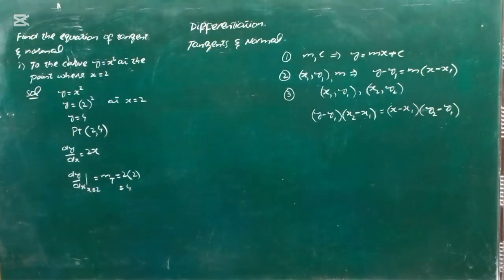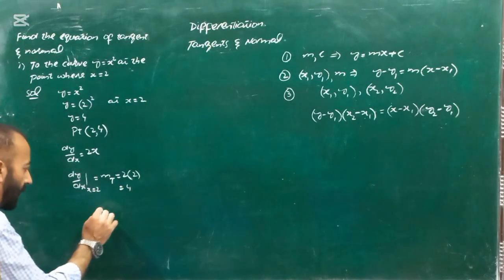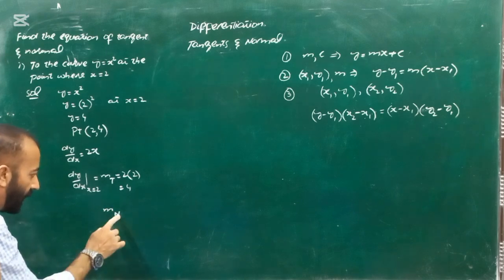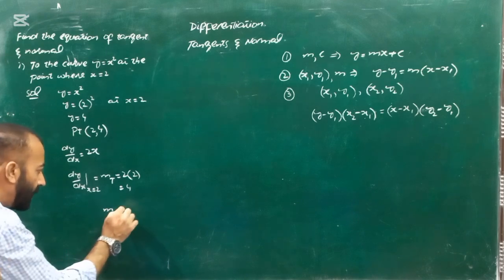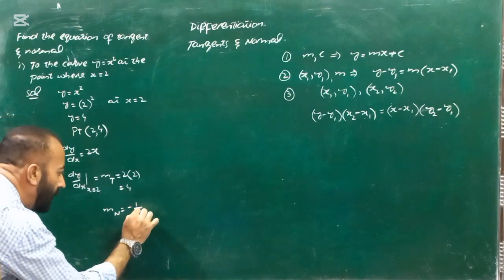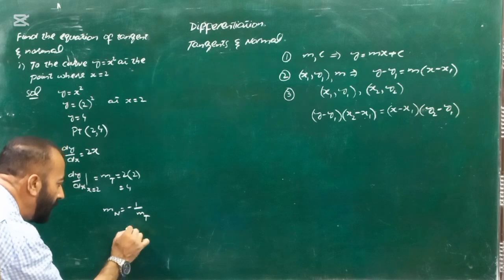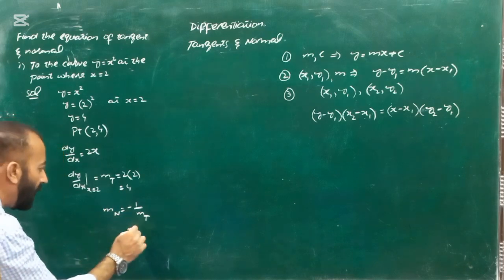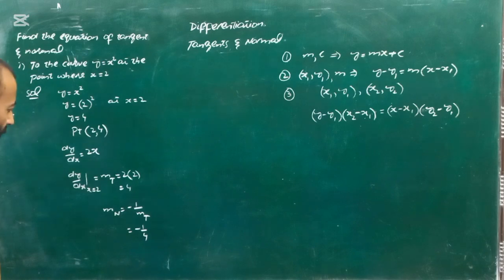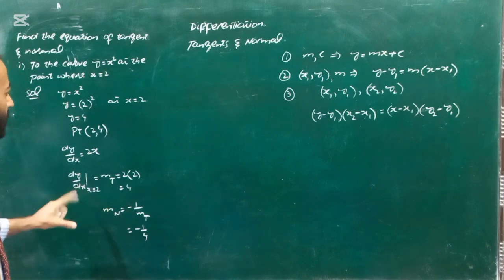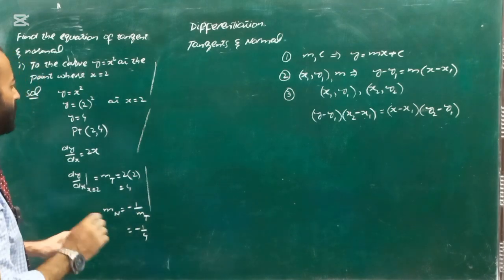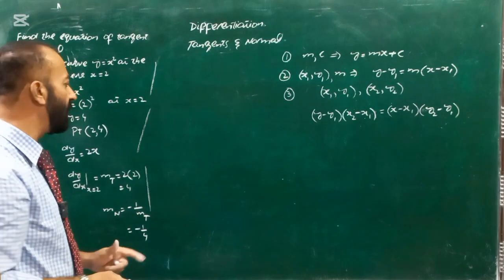So this is the gradient of the tangent, and the gradient of the normal will be written as m base n, that will be equal to the minus reciprocal of the gradient of the tangent, that will be equal to minus 1 by 4. So we have found the gradient of the tangent and normal at one time. That will be easy now to solve the equation. There will not be a need to find the gradient again and again.